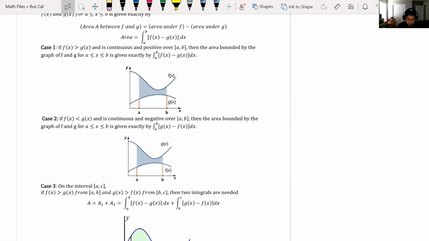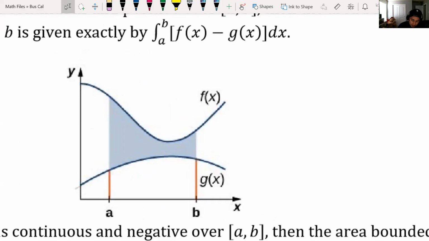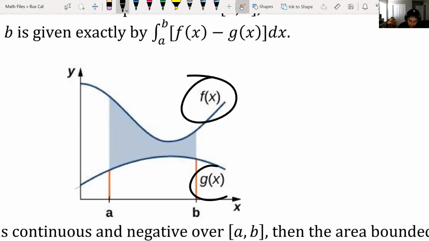To put it simply, in order to use that formula above, f of x must be above g of x. So the graph of f must be above the graph of g. If so, we get to use this formula. That's it. Simply put, this is why we're going to graph things today, to see how it works.